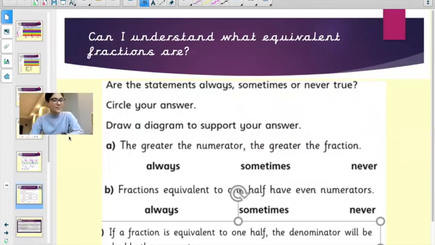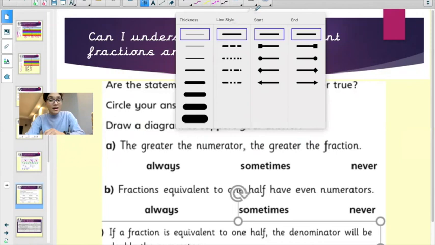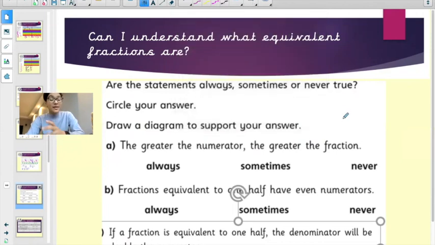Try this question. Are the statements always, sometimes, or never true? Circle your answer. So the first one says, and you can also draw a diagram if you want to support your answer, the greater the numerator, the greater the fraction. So the bigger the numerator, the bigger the fraction. What do you think?